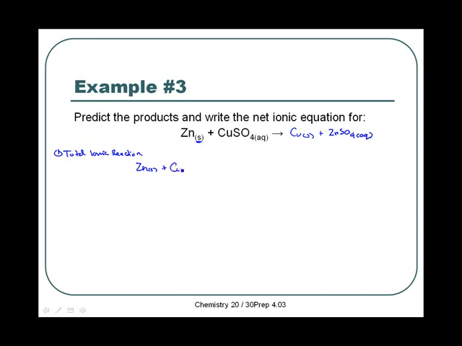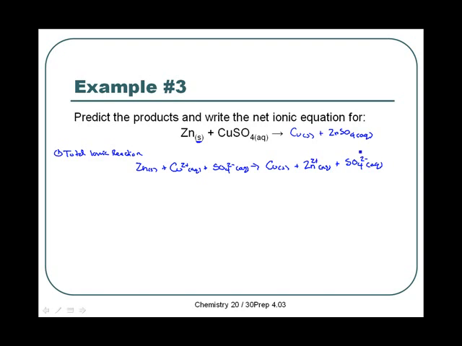The copper sulfate we can write as ions because it's aqueous, so it's copper 2 plus, SO4 2 negative, and it's going to produce, and now on the product side, our copper is elemental copper, it's a solid, so we don't write it as an ion, plus zinc 2 plus, SO4 2 minus.